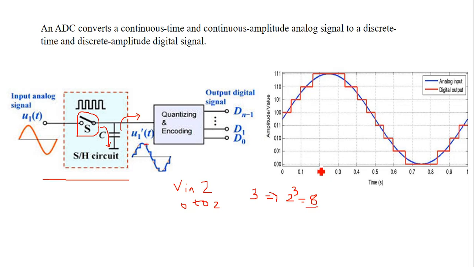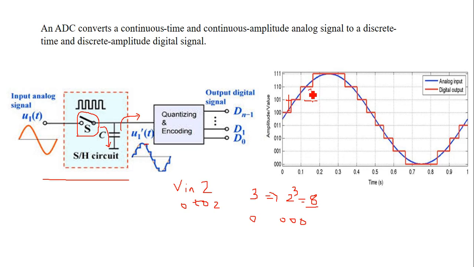The first range, at 0 voltage, it will show 0 0 0. What about the higher values? So the step size is the difference between two levels.